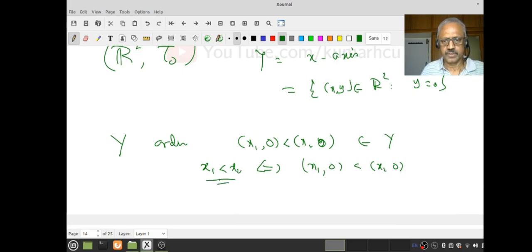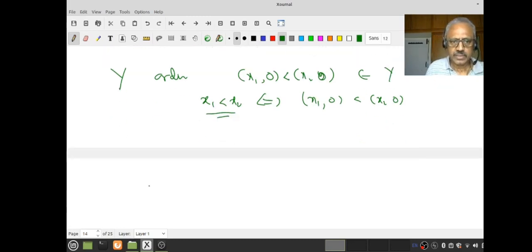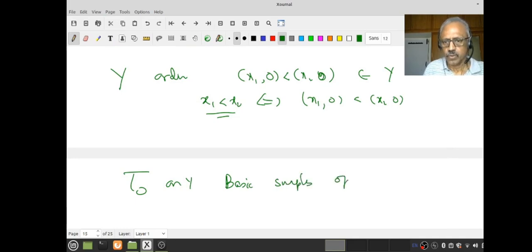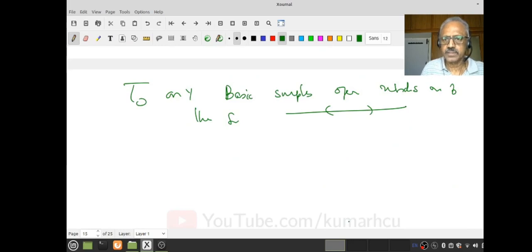It's usual, right? Therefore the order topology tau O on Y, okay, the basic or simplest open neighborhoods are of the form, that is the intervals of the form (x minus epsilon, 0) up to (x plus epsilon, 0).